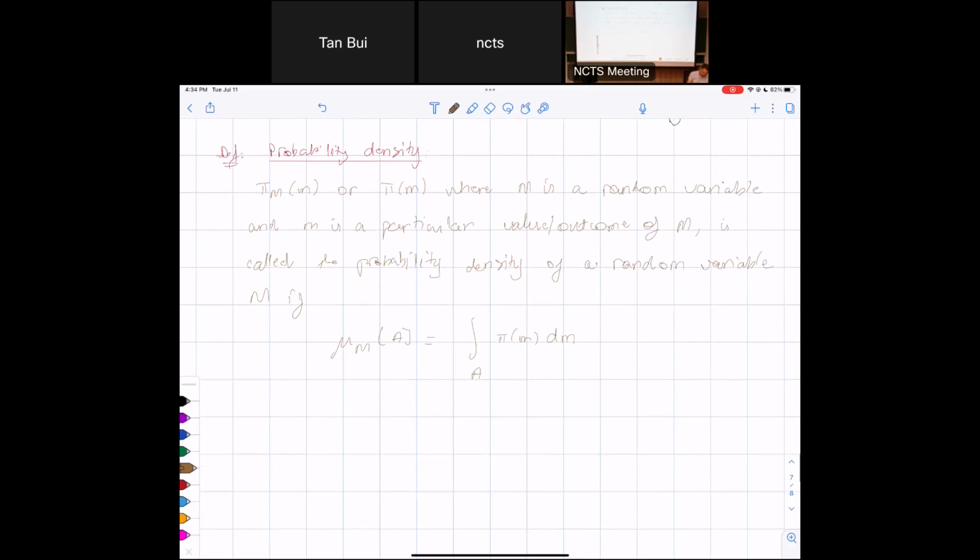For example, let me give you an example here. Of course, you know a lot about Gaussians, but here are a couple of examples perhaps.